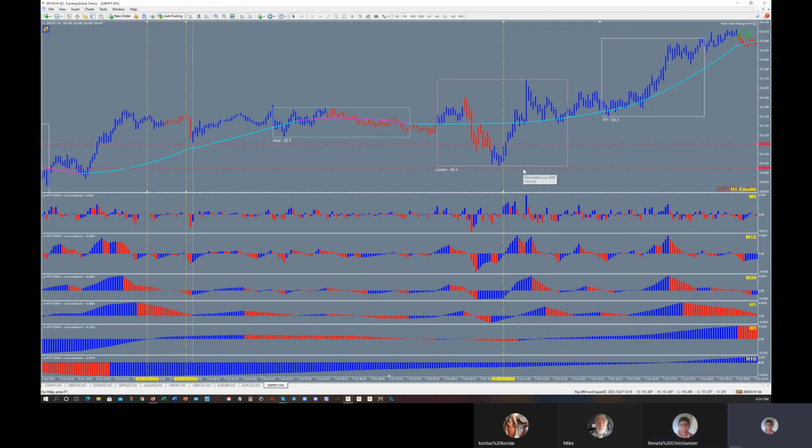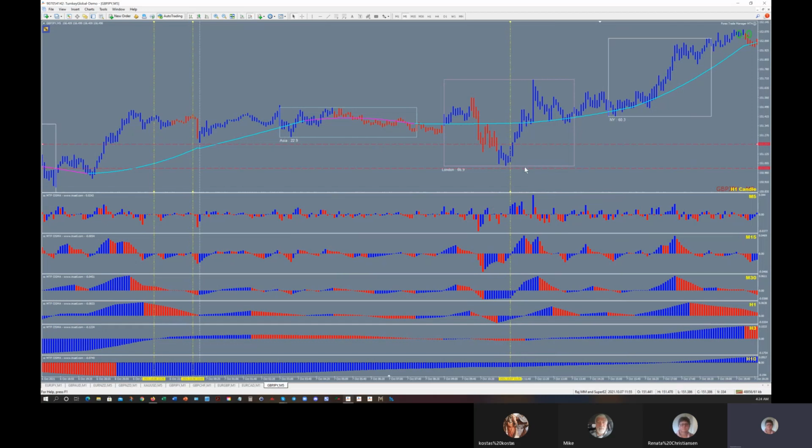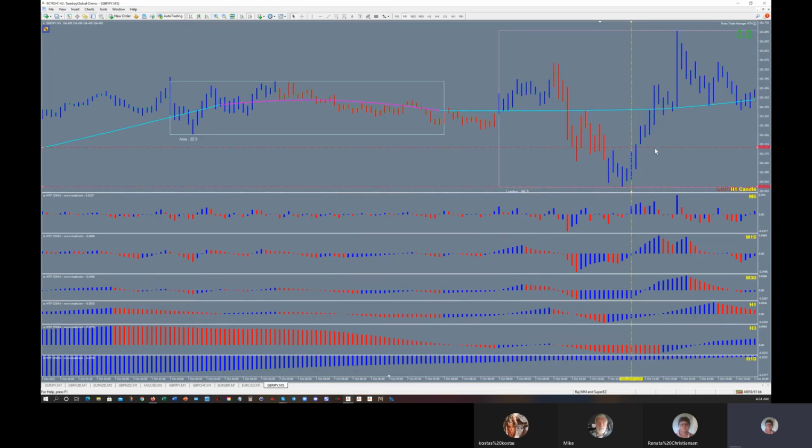It's just outside my tolerance. I can tighten it up a little bit. Put it pretty snug. Let me make sure I have the right close. So this is 13 pip stop loss, right? I'm making sense here. Yeah.